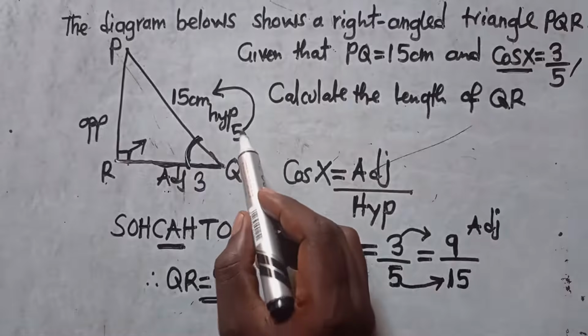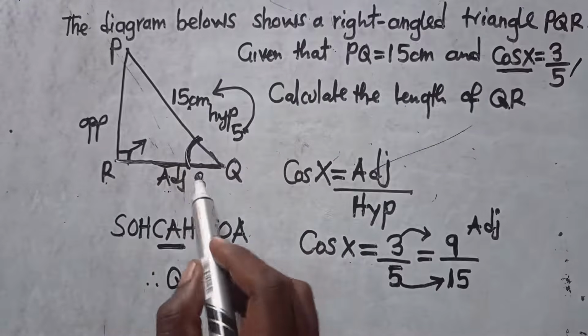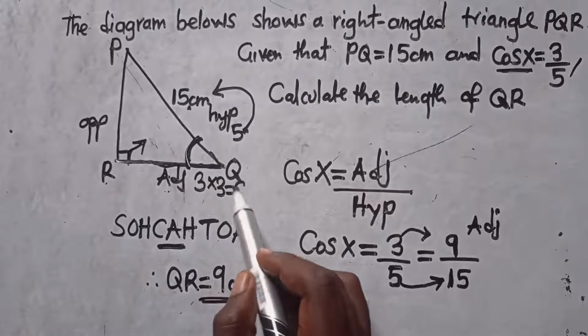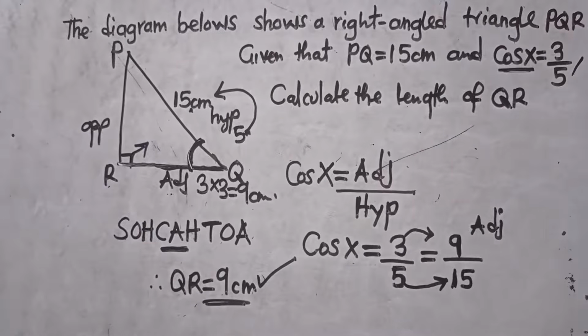How many times have they multiplied this 5 to get 15? 3 times. So you multiply 3 by 3 to get 9. This is where the 9 centimeters came from. So the length of QR is 9 centimeters. This is how you are supposed to answer a question.